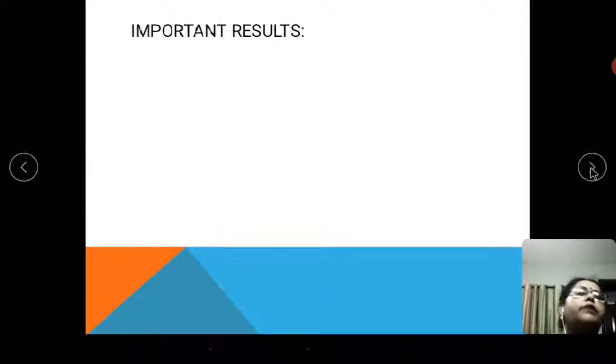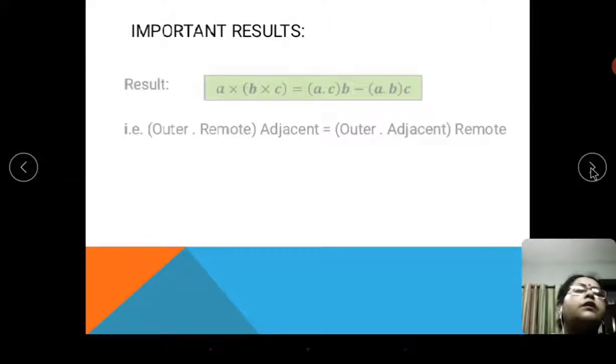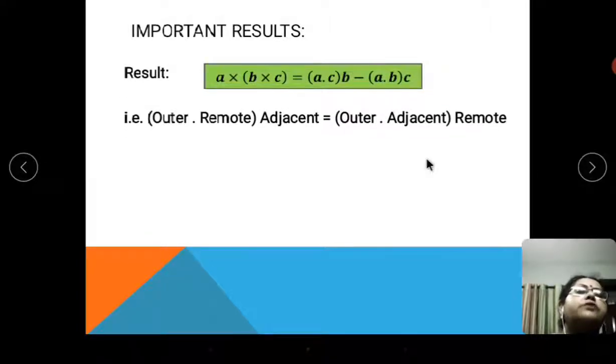And now some important result which actually helps us to calculate vector triple products. A cross (B cross C) is equal to (A dot C)B minus (A dot B)C.